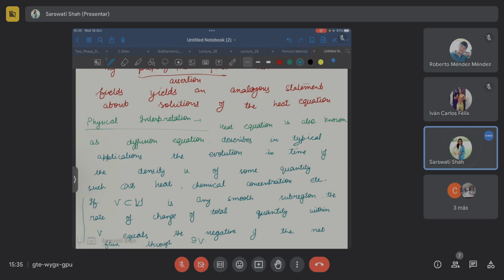If V contained in U is any smooth subregion, then the rate of change of the total quantity within V equals the negative of the net flux through the boundary. So what is the total quantity in the region V for any physical density u? What will be the total quantity in the region V?